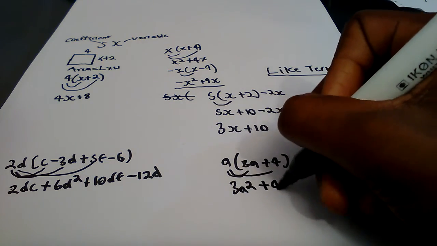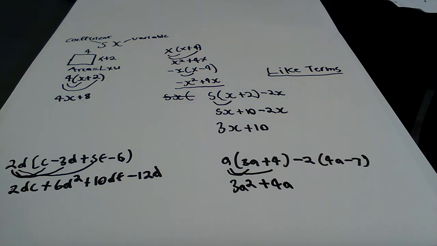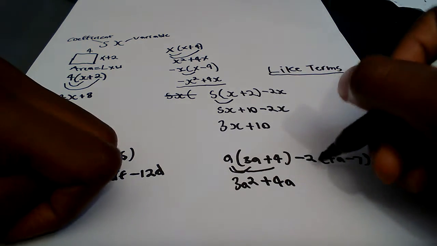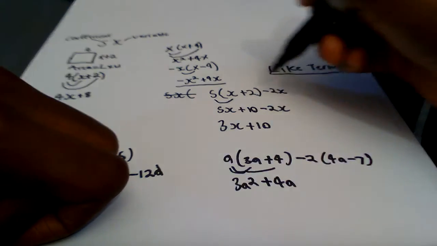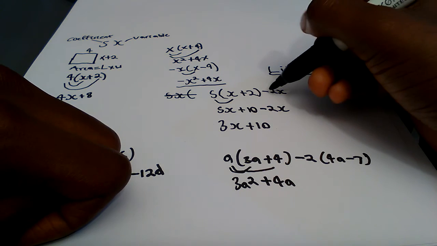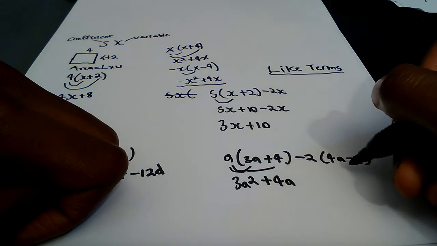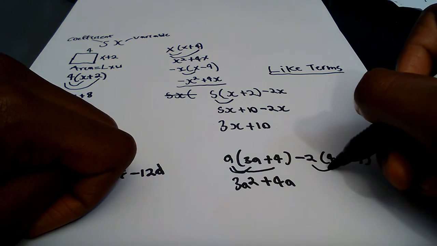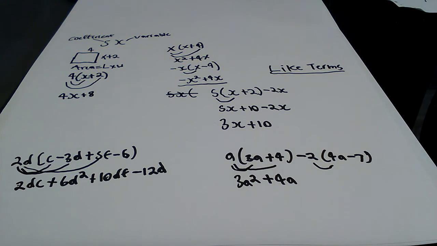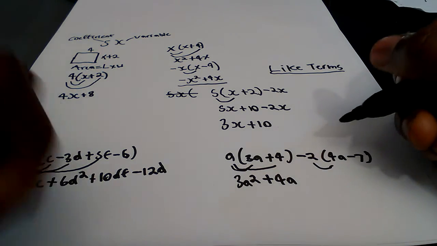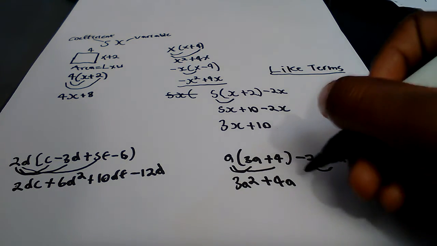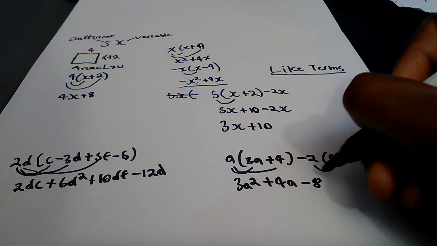4a. Correct. 4a. So then next we'll do, instead of doing it all together like we did for 5 for this equation, minus 2, we'll do to the second equation, the second bracket equation that we expand. Okay. So we'll do minus 2 times 4a. Negative number times a positive number will always be negative. Okay. So negative 2 times 4a be negative 8a.